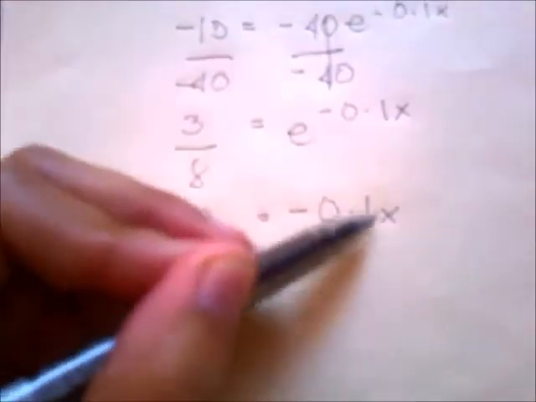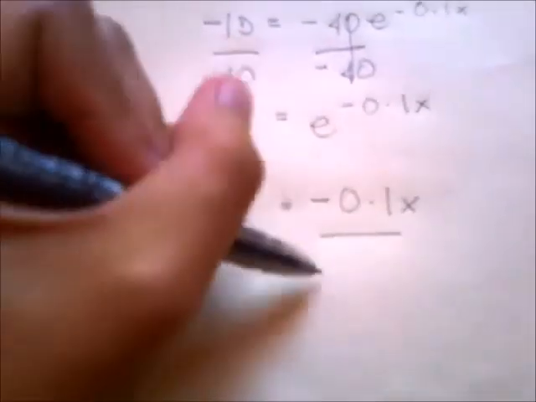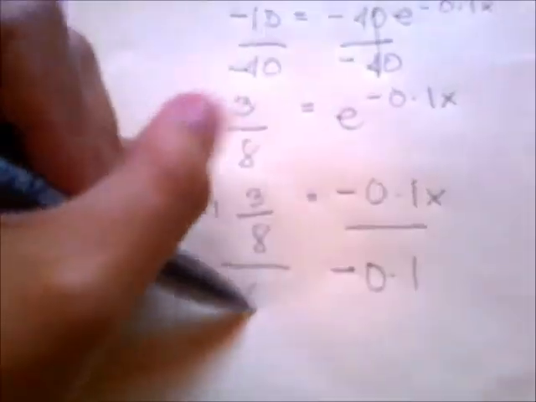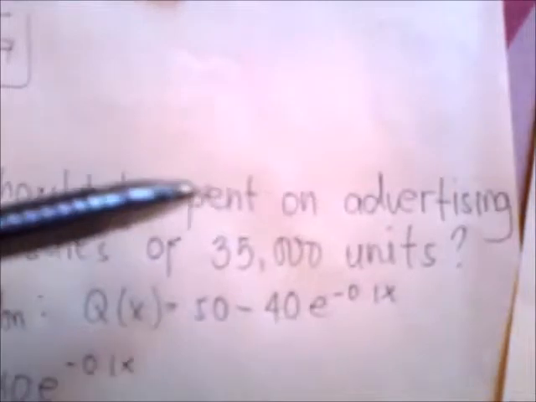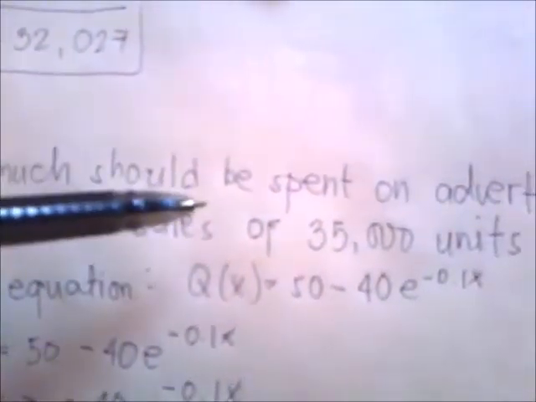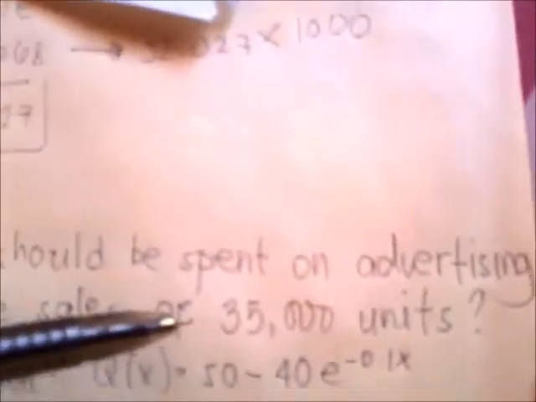So, our objective is to get the value of x. So, we will divide both sides by negative 0.1. And the answer will be x equals 9.81. So, $9.81 thousand is spent on advertising to generate sales of 35,000 units.